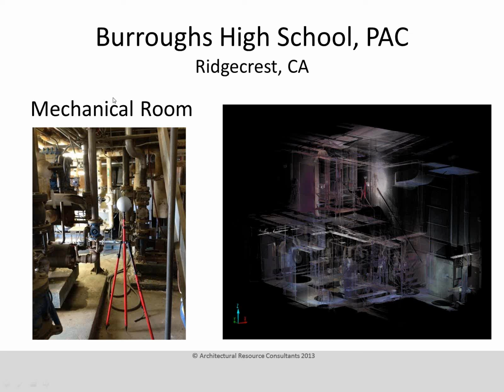All this geometry can be documented in a high level of detail. This mechanical room had a little mezzanine up above, and there were maybe about 8 scans, and we captured the whole space. The resulting model looked like this.